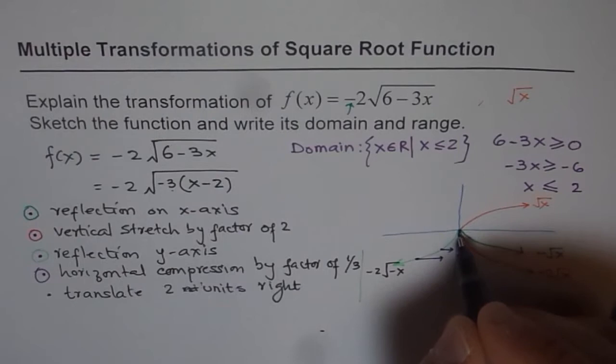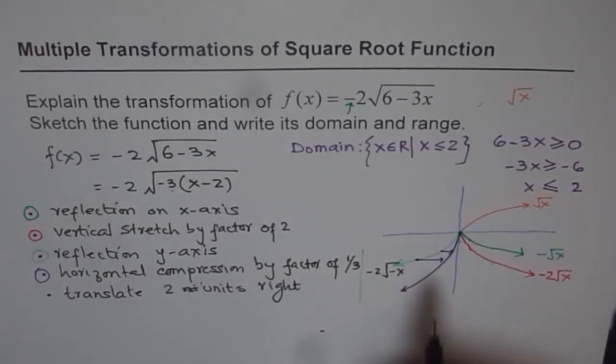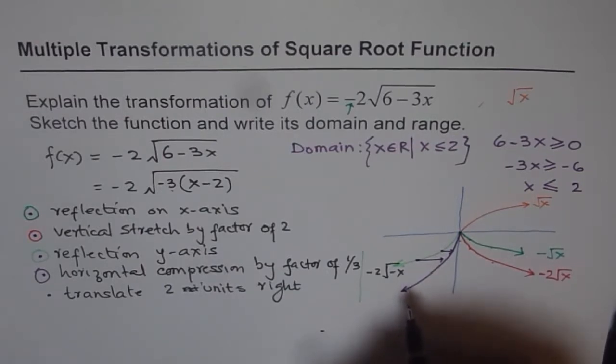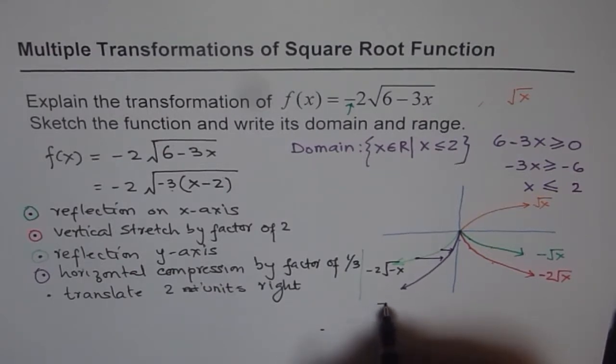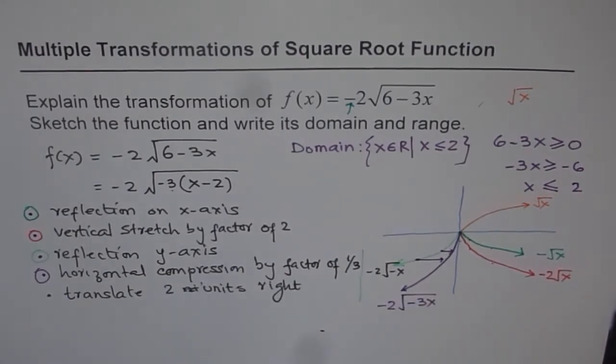So what we see here will be a function like this, correct? It looks vertically stretched, but actually we are doing horizontal compression by 1/3. And at this stage, this particular function which we have drawn here is equivalent to minus square root of 3x. Do you see that? That is the function.